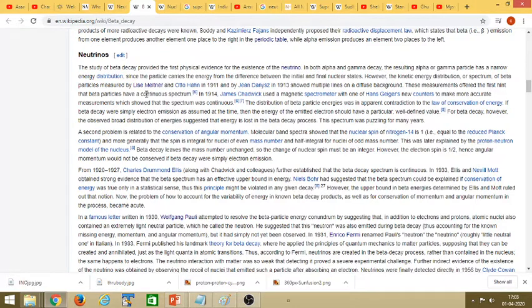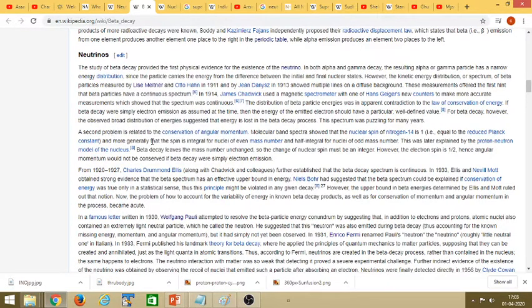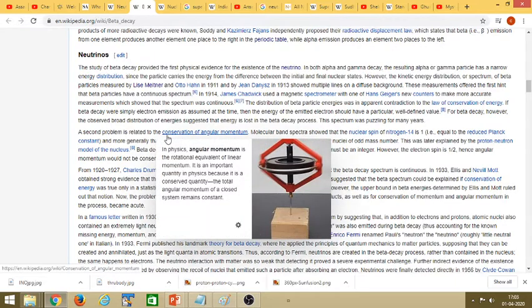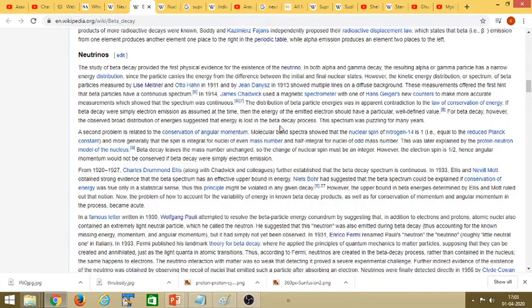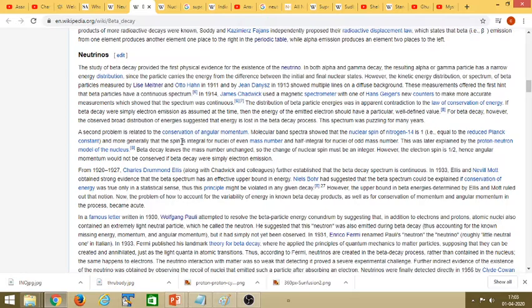So that was one problem, that it didn't have a narrow energy distribution. And the second problem was that there was no conservation of angular momentum. So you can see how they found out by measuring this. Basically, for small particles, the spin was not conserved.